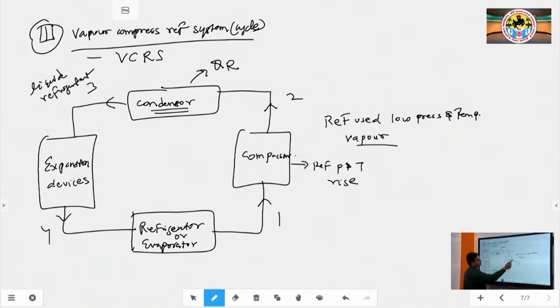It starts from the vapor, and after condensation it changes phase from the vapor. So, the liquid refrigerant which enters the expansion device, there an expansion process will occur. It is also called an isenthalpic process.